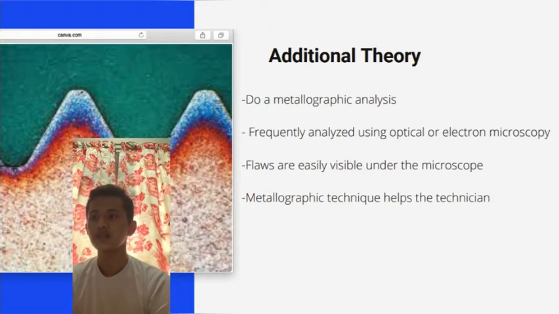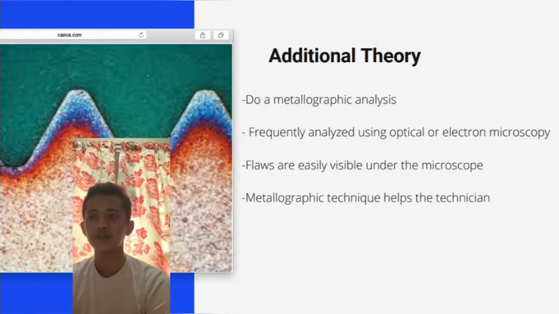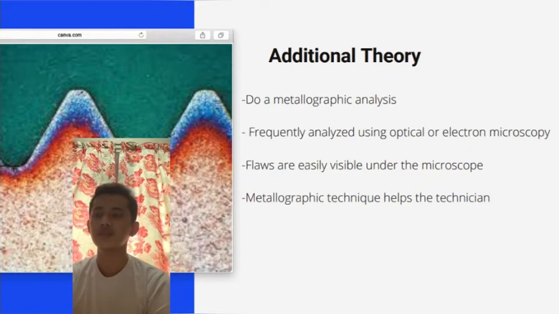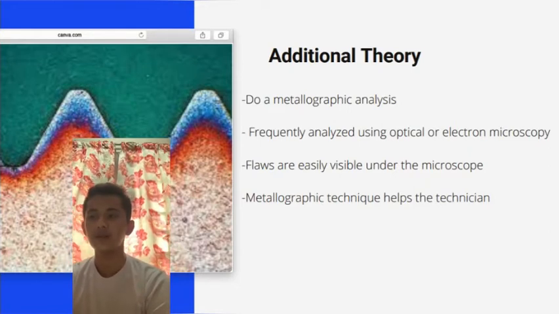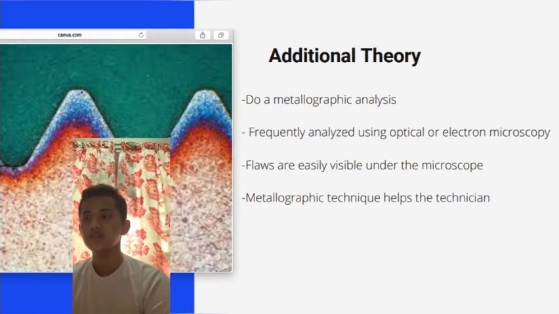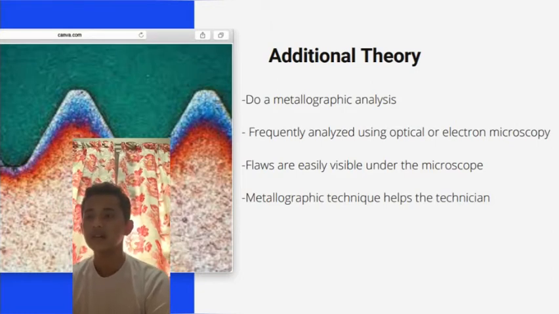Various methods are used to prepare the surface of a metallographic specimen. It is frequently analyzed using optical or electron microscopy after preparation. Analyzing printed circuit board, PCB, solder hole connection, microelectric failure analysis, steel heat treating such as surface hardening, ceramic grain size, and polymer composite fiber wetting and orientation are all examples of metallography analysis.